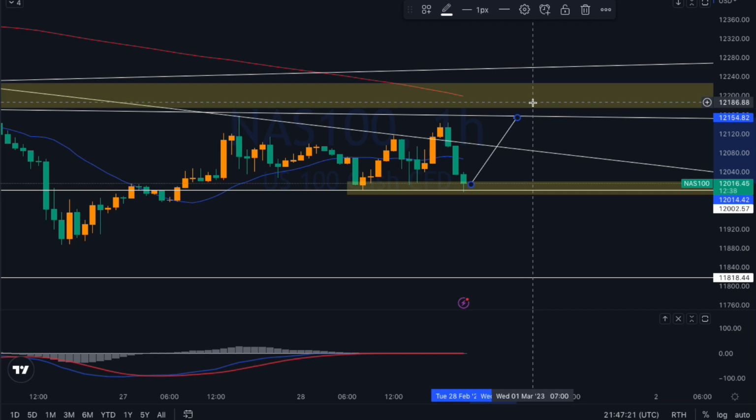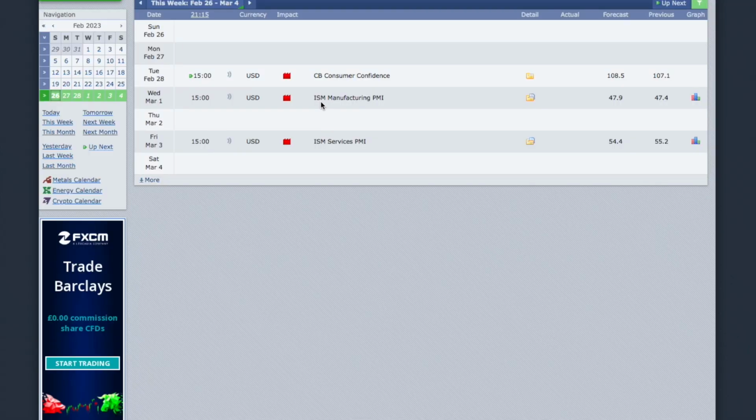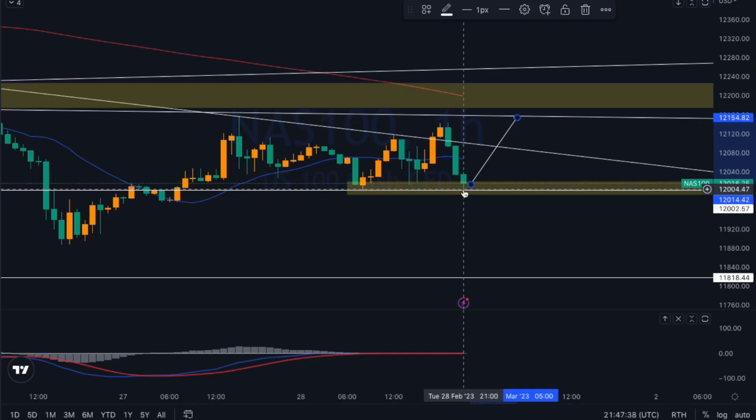One thing that I do know about tomorrow is we do have another news release coming out, which is the ISM manufacturing PMI. That one is coming out again at 3 p.m. So when that one is released, we then need to figure out what it is going to do.